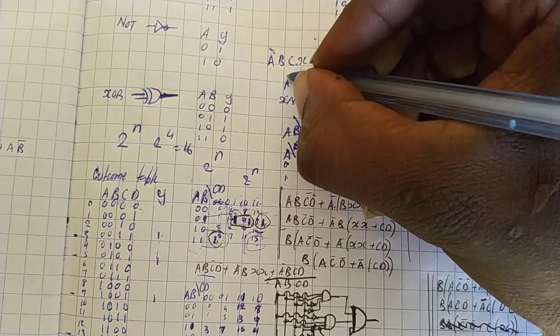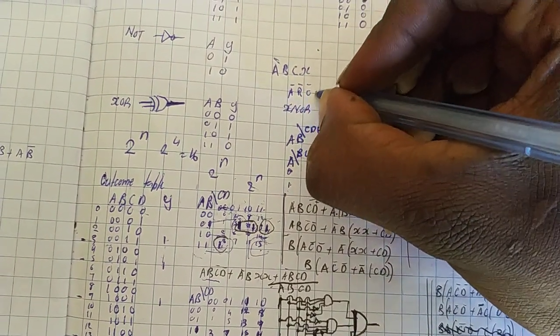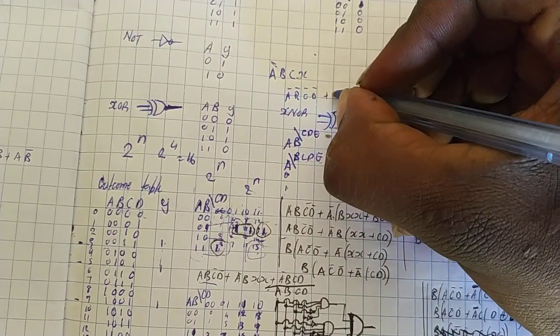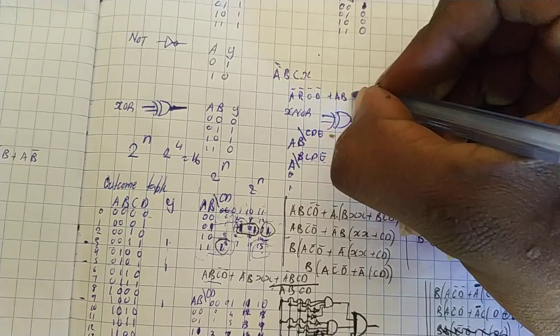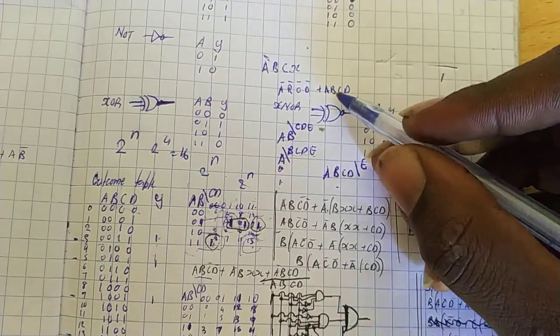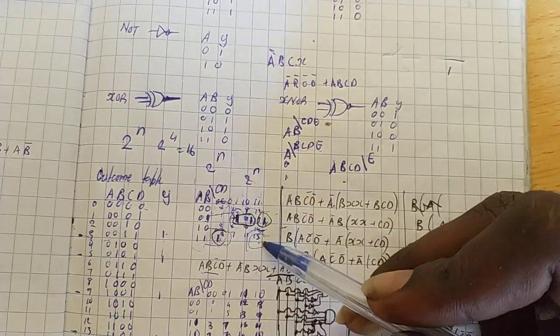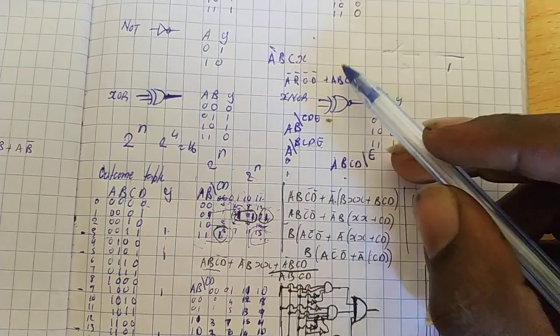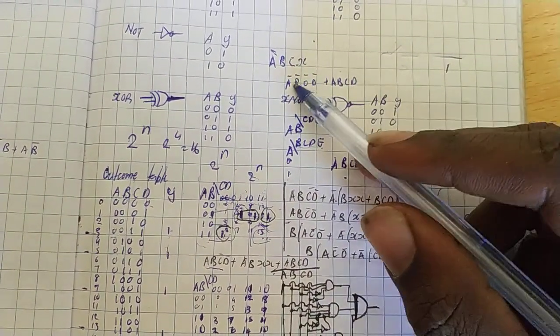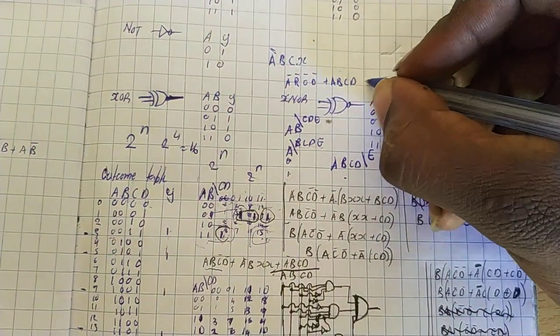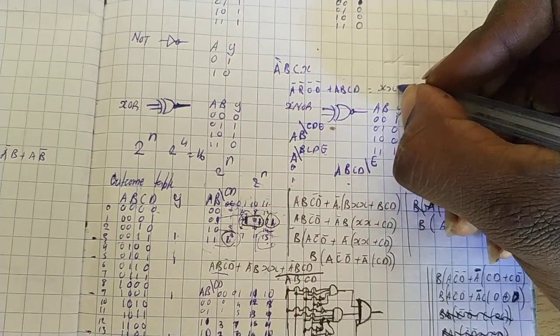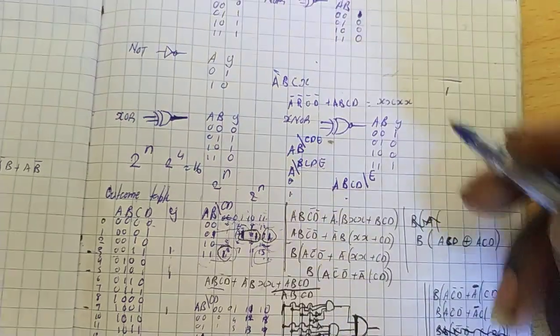It will be A bar, B bar, C bar, D bar, or A B C D. This outcome is for when it's here and it's here. But you see they are conflicting. When you come to solving them, your solution will be X, X, X, X.